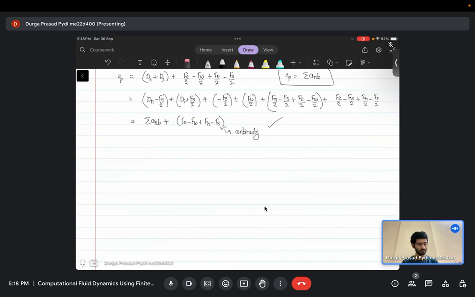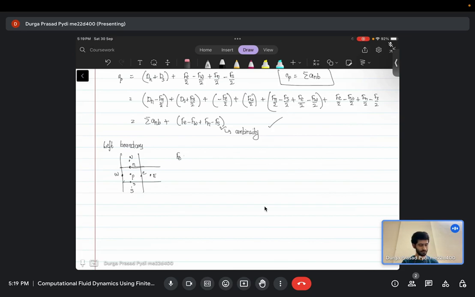So we will start with the left boundary. So the standard equation is again the same.